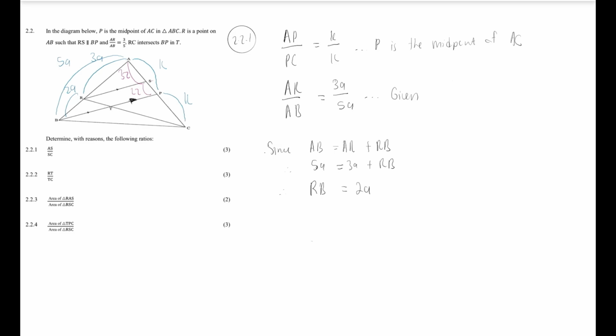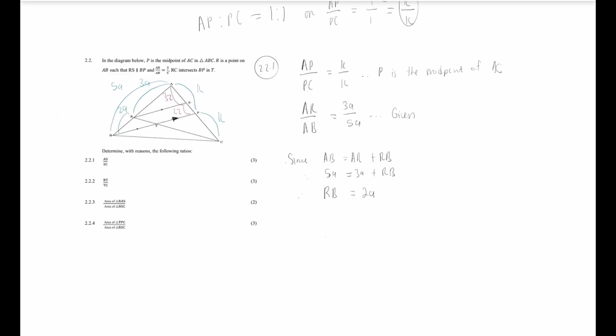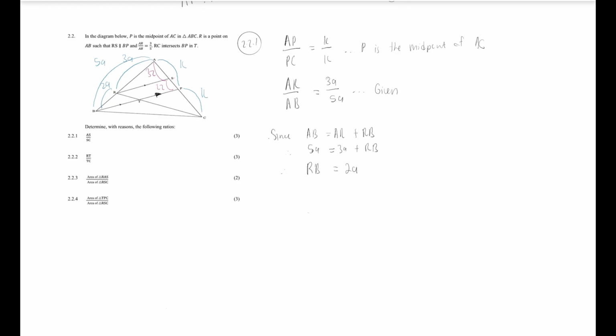So I've shown that my RB is 2A. And then I get to my AS over SP now.